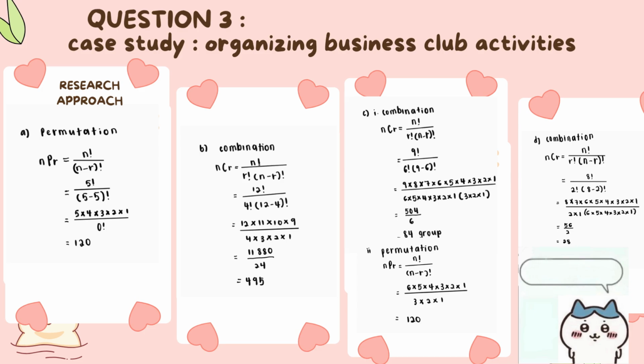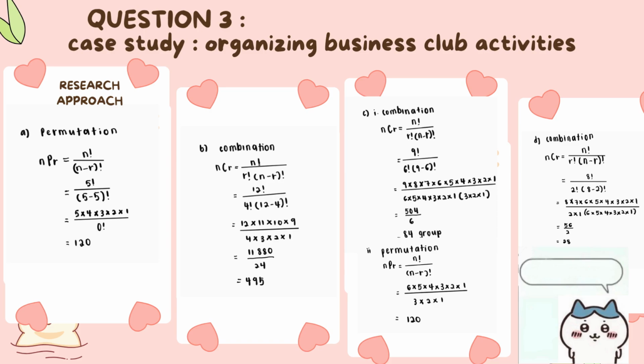For scenario B, the advisor wants to form a delegation of 4 to attend a seminar. How many different delegations of 4 members can be formed? We can use a combination formula, where n is 12 members and r is 4 members.